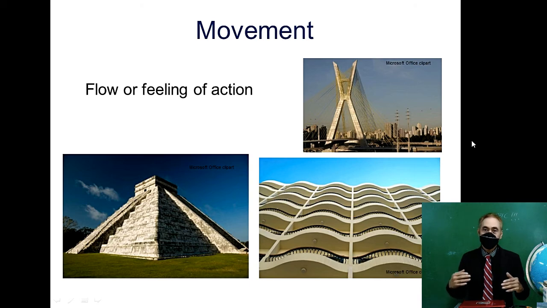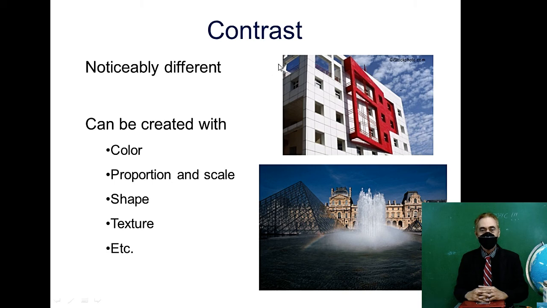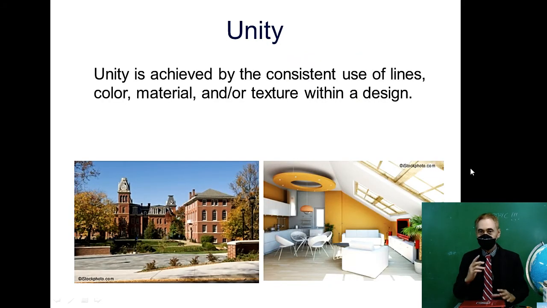Movement. There is movement in design, that is a flow or feeling of action by using diagonal lines or curved lines. Contrast. Noticeably different, it can be created with color, proportion, scale, shape, and texture. Unity.